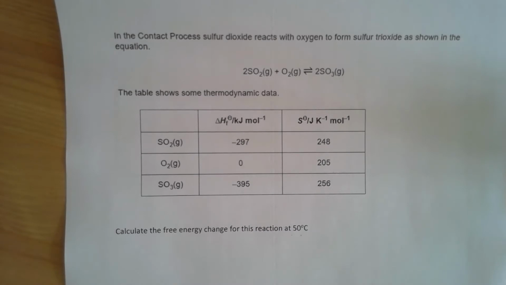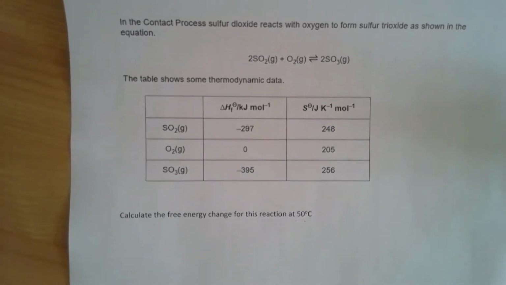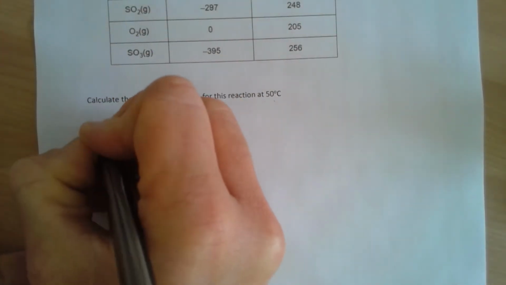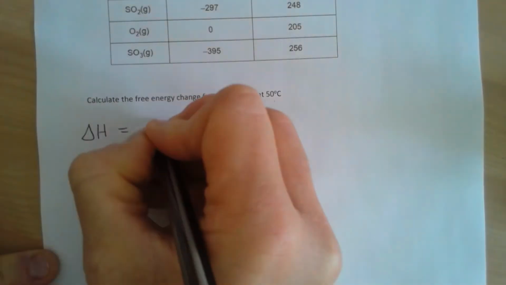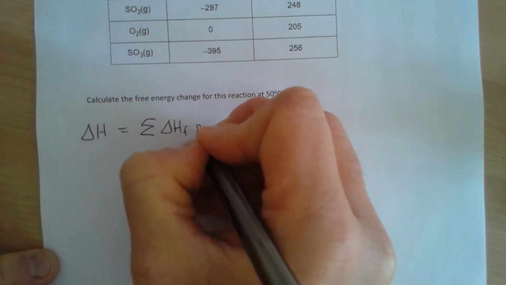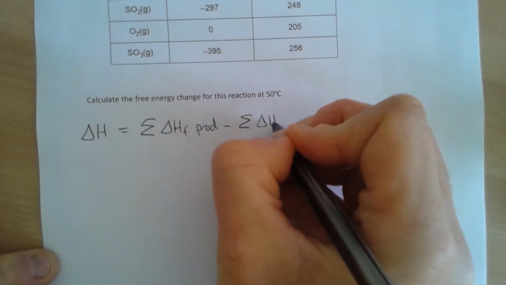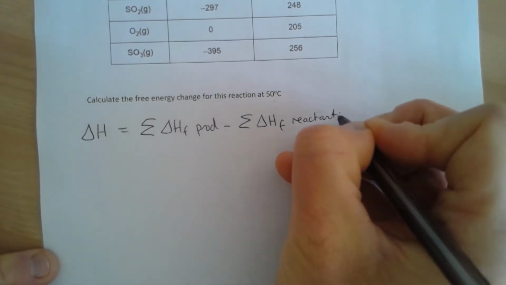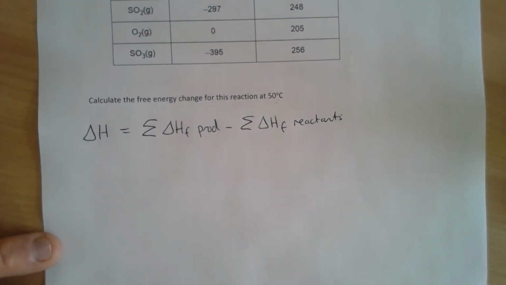Step 1 is going to be for us to calculate the enthalpy change of reaction from our enthalpy change of formation data. So delta H is equal to the sum of the enthalpy change of formation of the products minus the sum of the enthalpy change of formation of the reactants. So let's look back at our information.